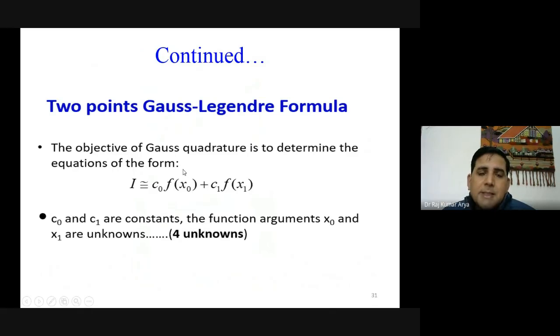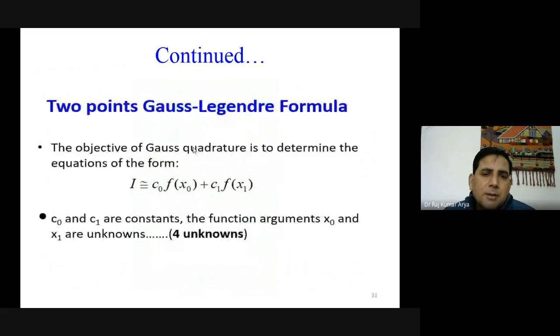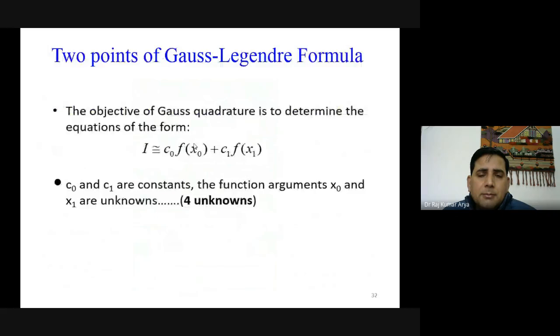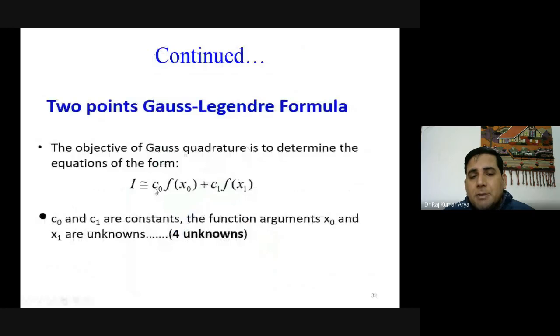Just like in the trapezoidal method previously, if you want to integrate this entire area under the curve, you may need several points here. But that need can be compensated by just this Gauss quadrature, by evaluating the function at 2 points, multiplying by the weights, and that's all. The integration is over actually.